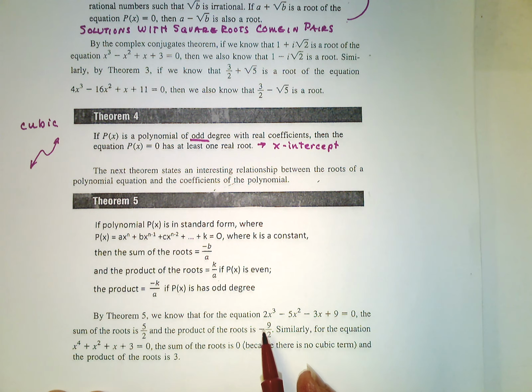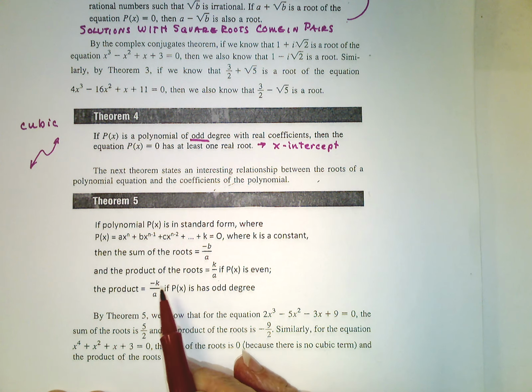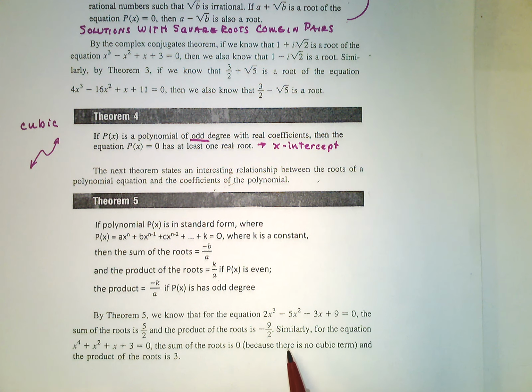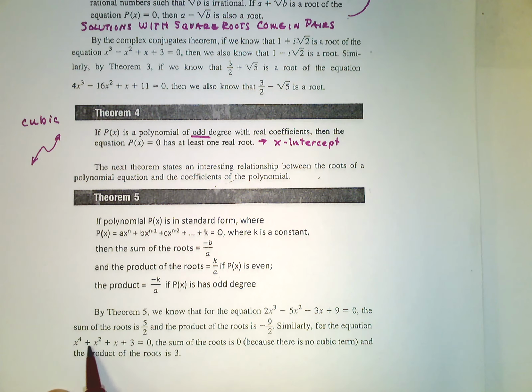The product of the roots, they said, is negative 9/2. Now this is an odd degree function, so we have to take the opposite of the constant and put it over the leading coefficient. So that would be the opposite of 9 divided by the 2. And that's where they get this from.